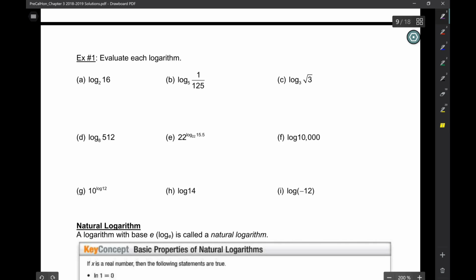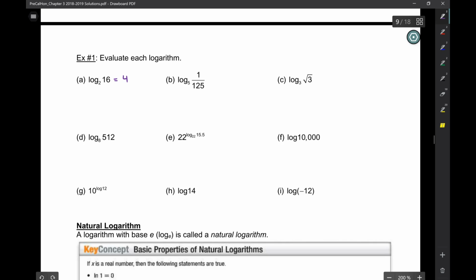Okay, so let's do some of these here. Evaluate each logarithm. So obviously these would be ones where you would not have a calculator handy to do these, right? So log base 2 of 16. So basically, again, what is the exponent of 2 that gives you 16? 4. Okay? All right.